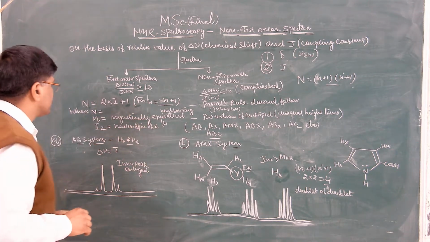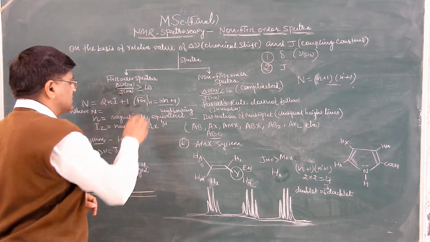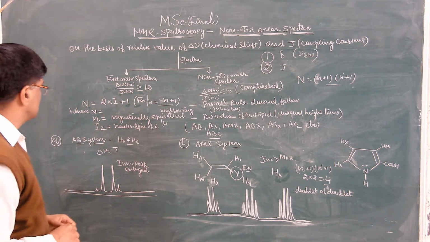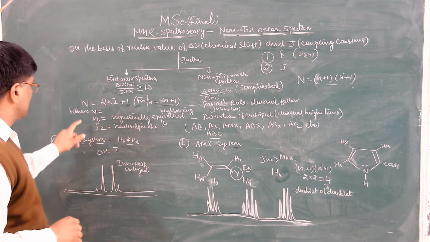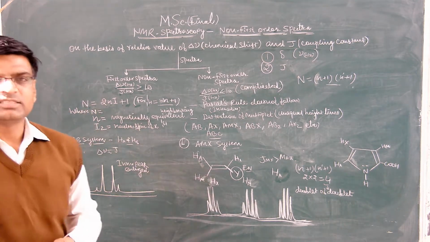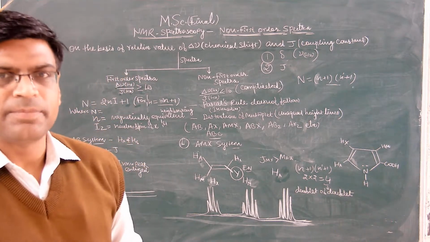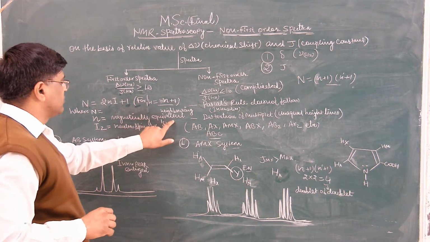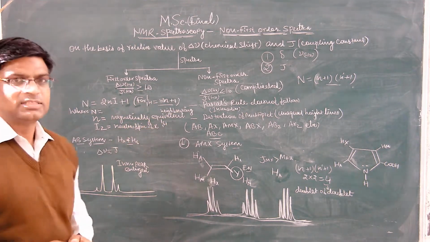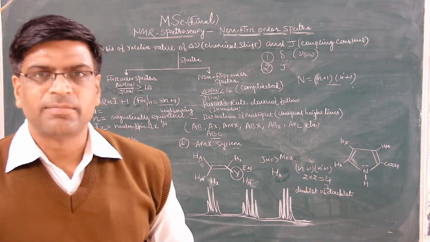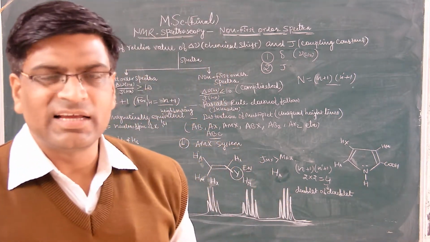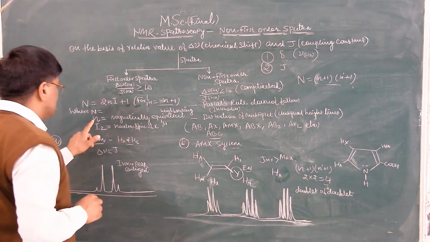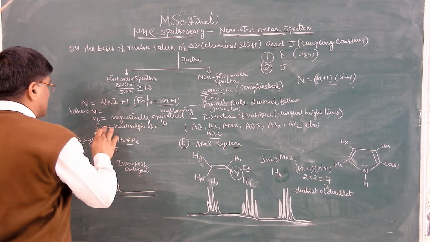For proton this formula can be written as n plus 1, where capital N is the number of lines for a particular proton in a multiplet and small n is the number of magnetically equivalent neighboring protons. It means if a particular proton is surrounded by two magnetically equivalent protons, then the value of n for that proton will be 2.